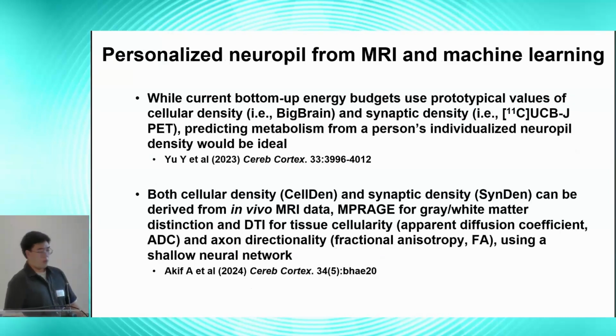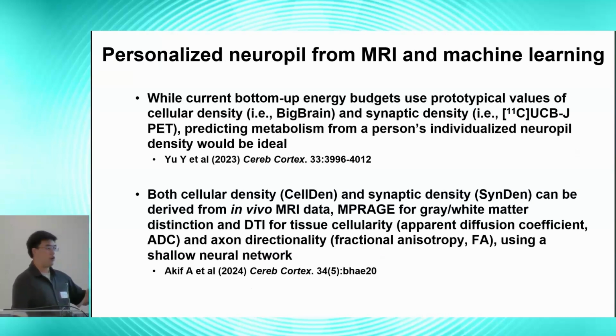The traditional energy budget maps are created using very generalized neural counts, right? Instead of having individual patient synaptic densities or cellular densities, we have a generalized idea of what it should be, and we use that for everybody. But obviously this is not ideal, and we'd like to get individualized values.